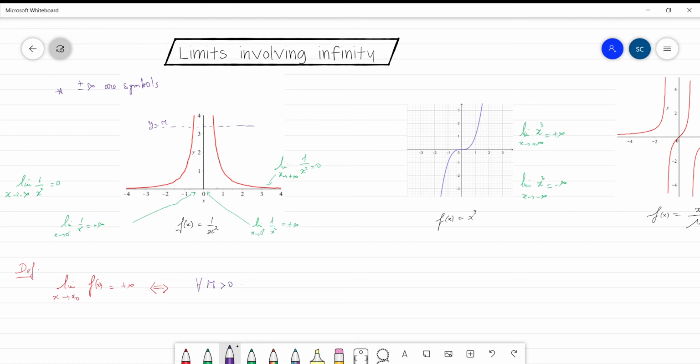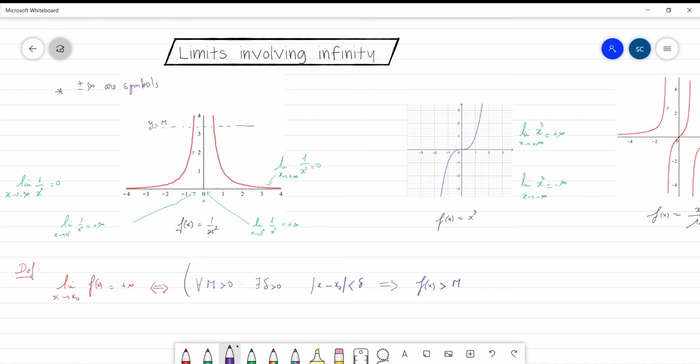I can find a neighborhood of x0, which is 0 in this case, so a small interval, such that for all the x's close to x0 within delta, we have what we want: f(x) is greater than m.